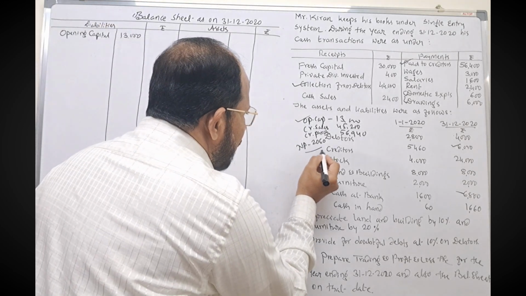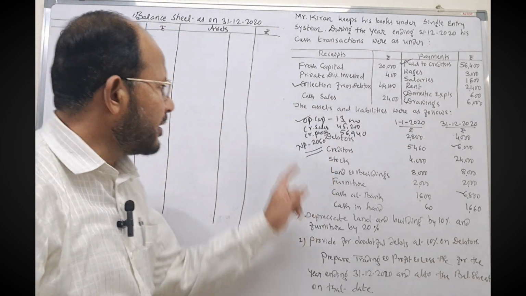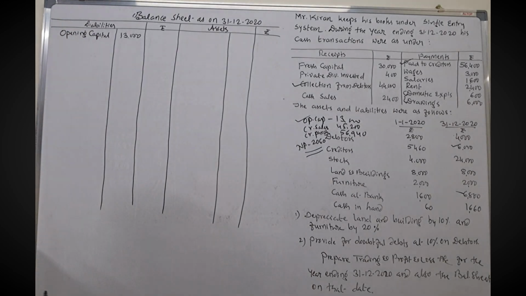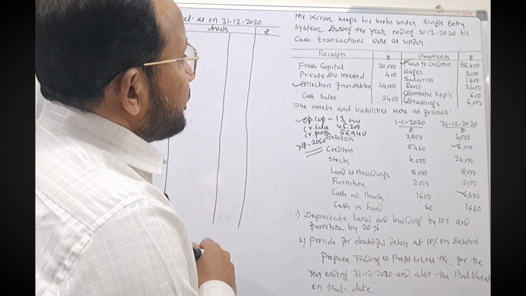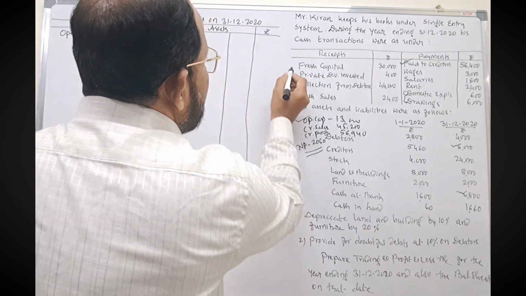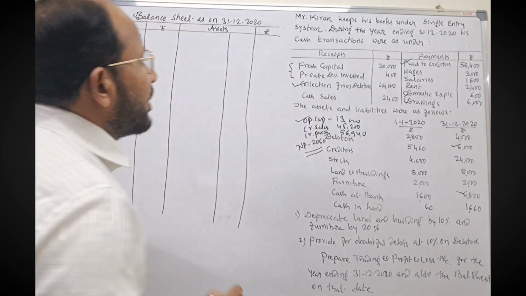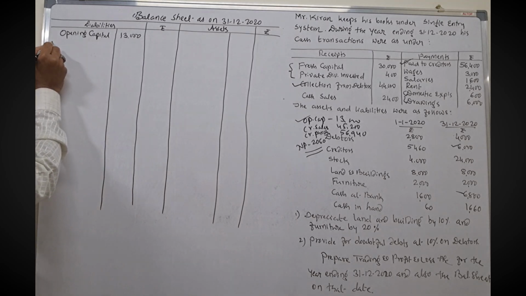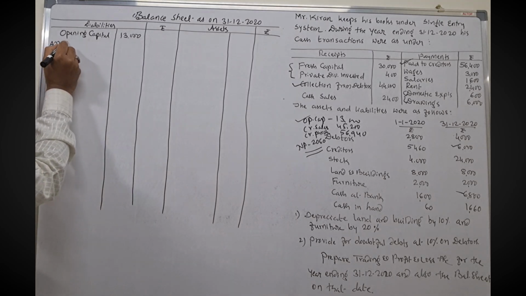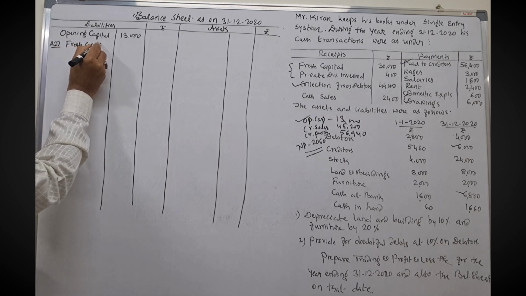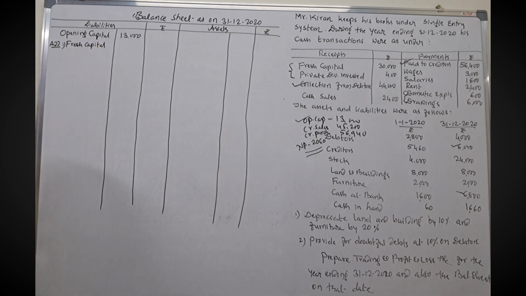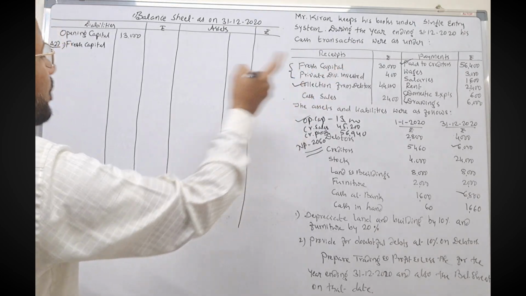To this, what we do? We add net profit earned during the year, 2060, and also we add the additional capital. Just you see, additional capital is also given. That is why here I write add fresh capital, rupees 30,000.